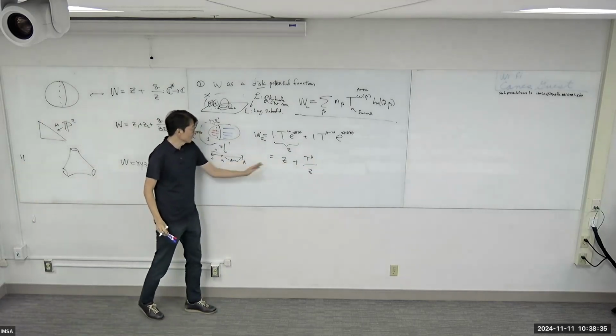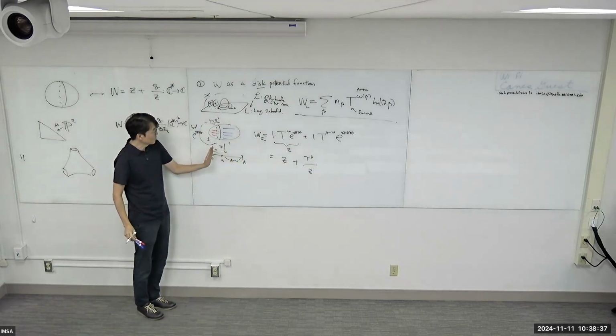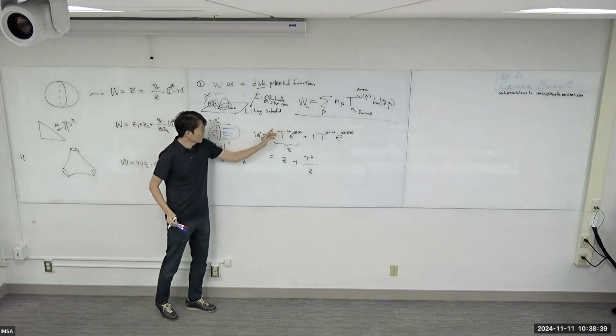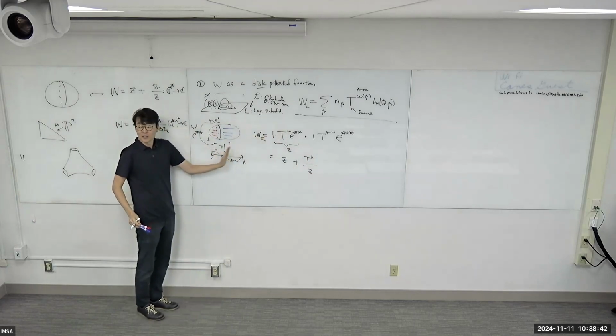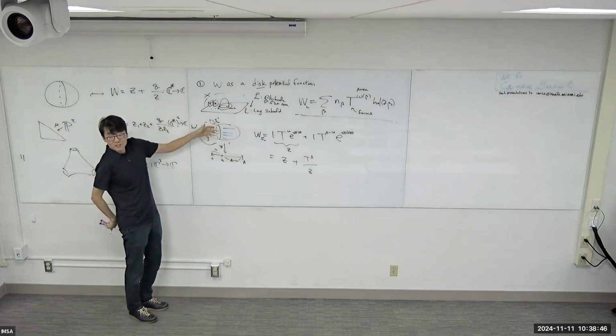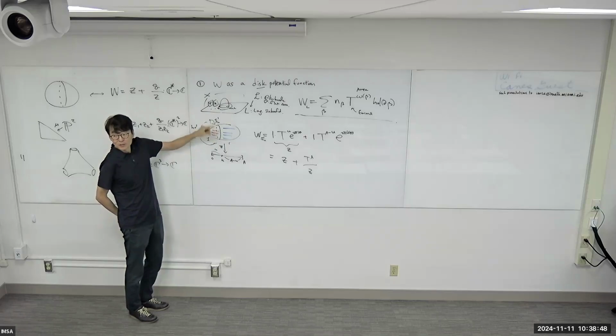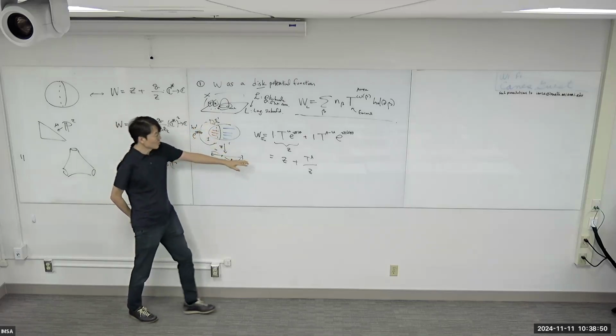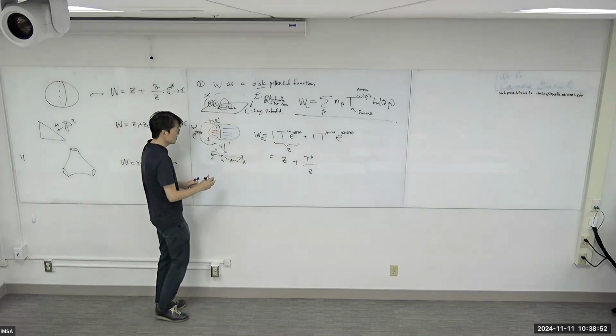So this variable z, you think of it as the real part. Somehow look at the location of your fiber. The imaginary part somehow looks at the holonomy around this circle. That's how SYZ works.